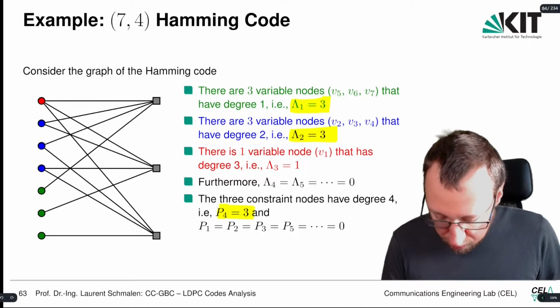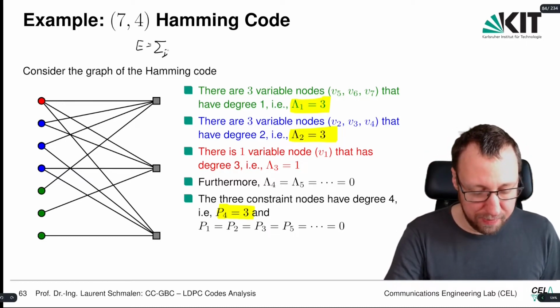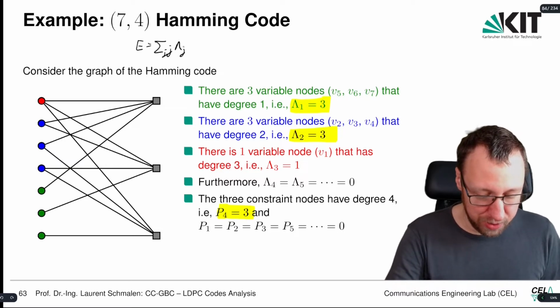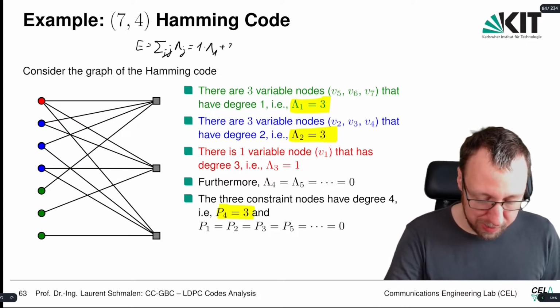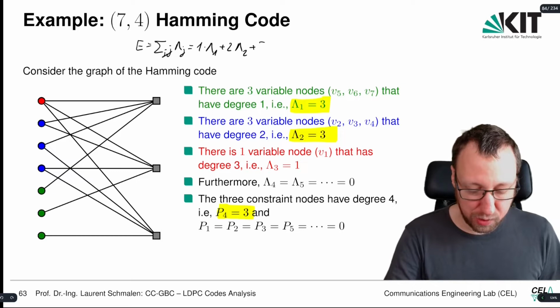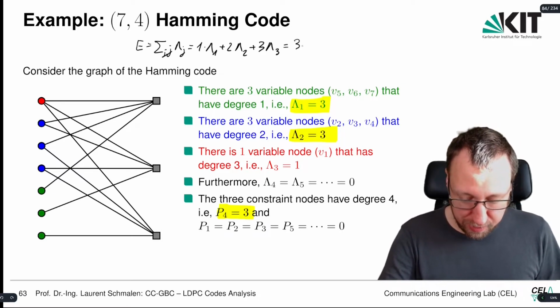So we can count the number of edges, E. We know this is the sum of j times capital lambda j. So this is 1 times lambda 1 plus 2 times lambda 2 plus 3 times lambda 3. So this is 3 plus 6 plus 3.